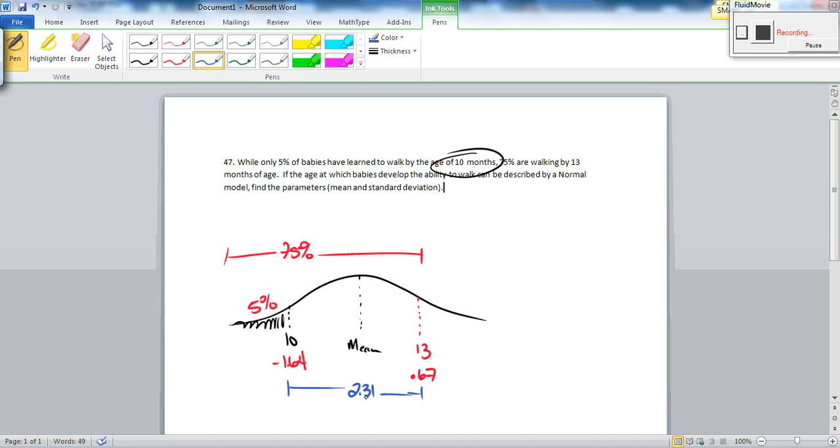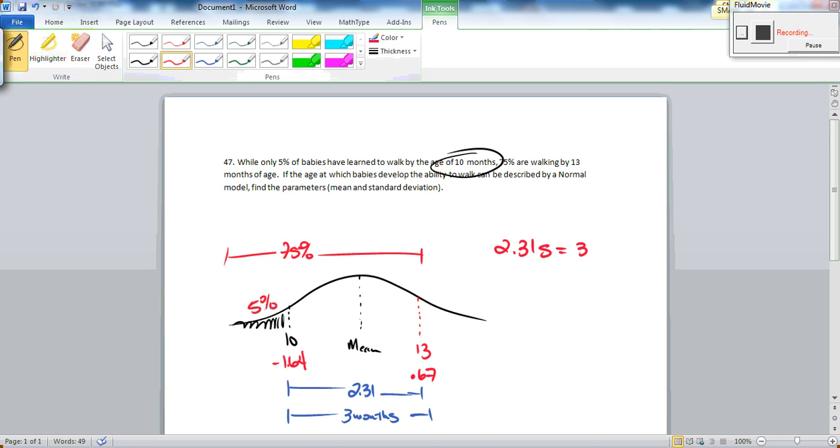This 2.31 standard deviations also represents 3 months. So what we can say is 2.31 standard deviations, which is sigma, and we'll just use S, has to equal 3 months.